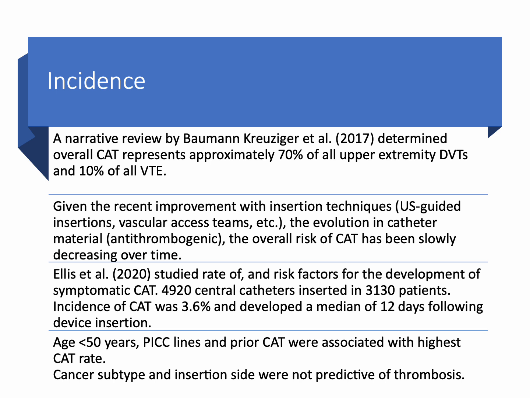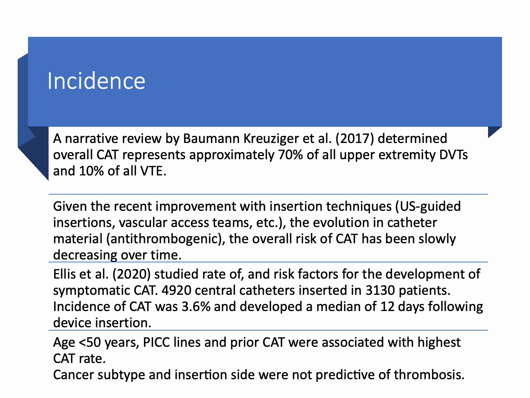4,920 central catheters were inserted in 3,130 patients, and their overall risk of catheter-related thrombosis was 3.6%, and it developed after a median of 12 days following device insertion. So within 2 weeks of device insertion, at least 3.5 to 4% of patients developed symptomatic thrombosis.